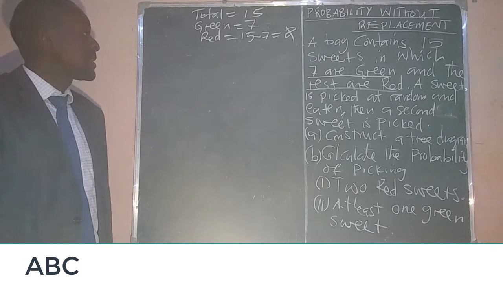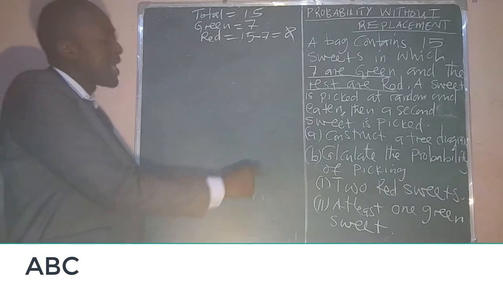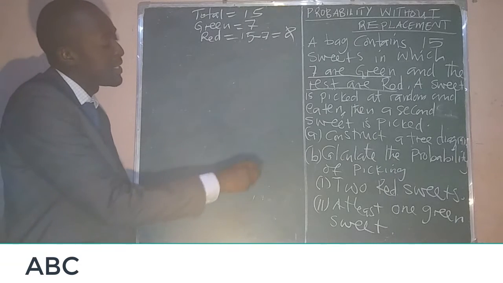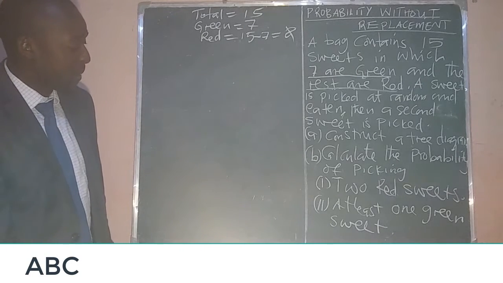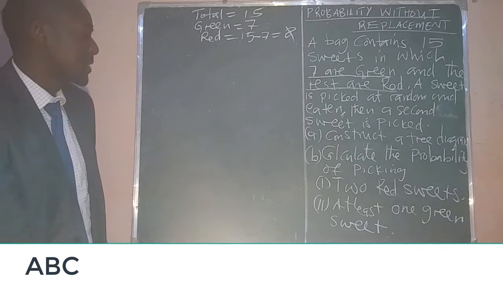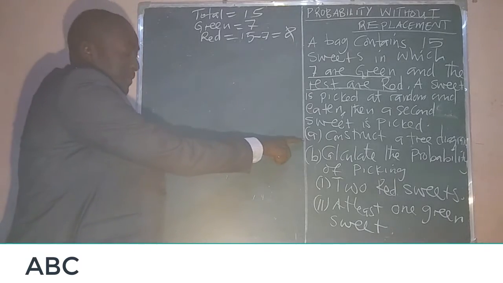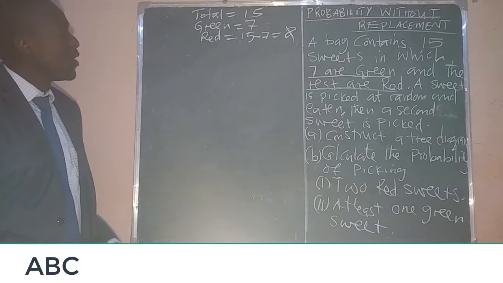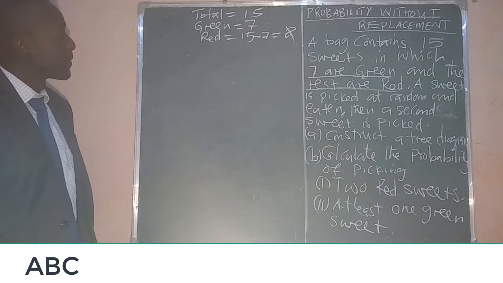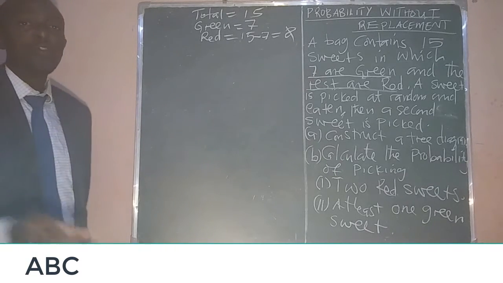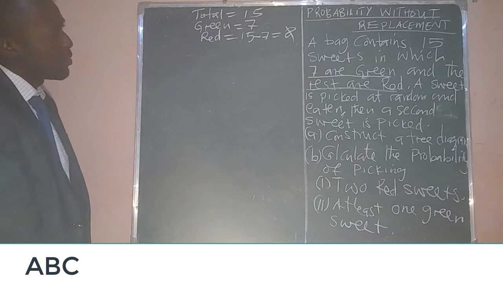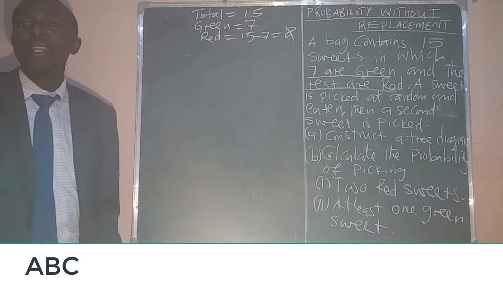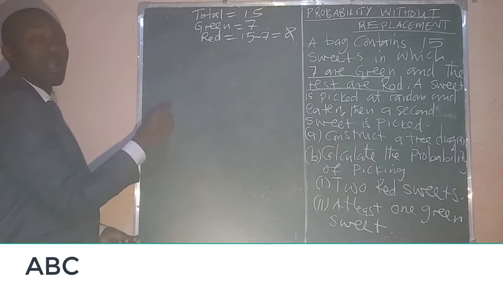And so at this stage we are going to construct the tree diagram, because the first question says construct a tree diagram. Here we know what the probabilities are. Since we have 2 colors only, green and red, our tree diagram will look like this.